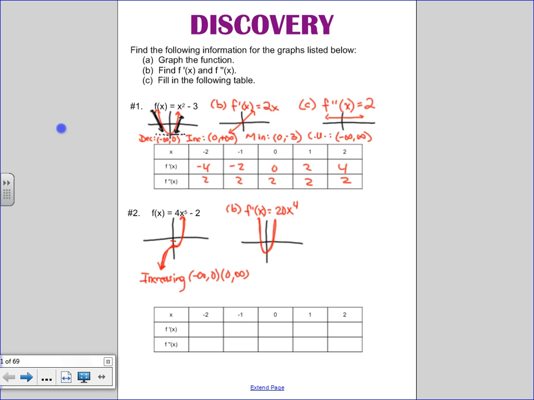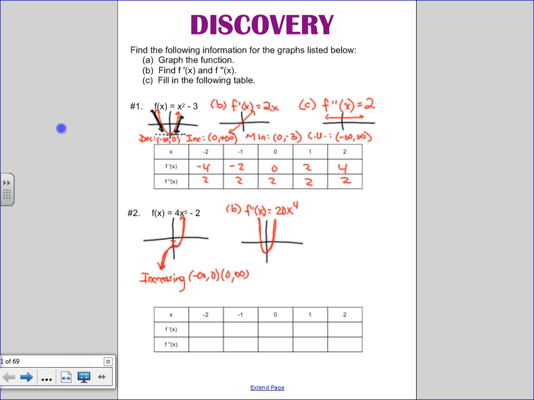Here, my function kept on increasing. No big deal. But what did my derivative start doing at 0? Changing from decreasing to increasing. So maybe a point of inflection can be defined by I'm slowing down and then I start speeding up.